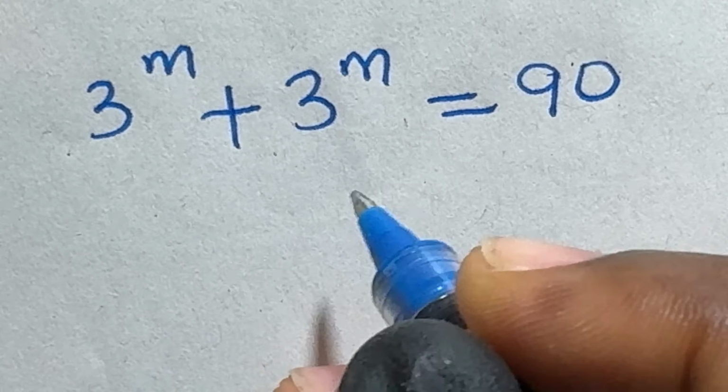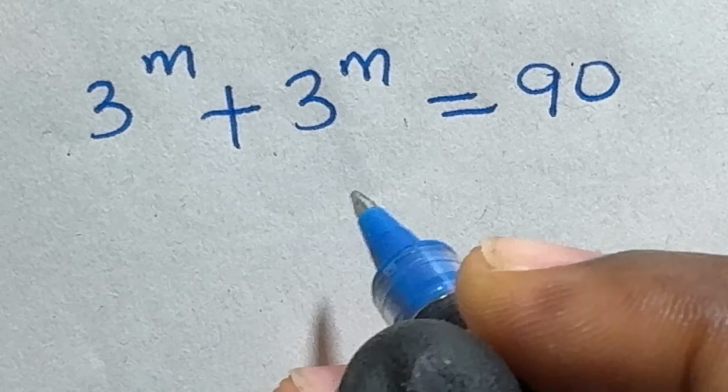Now if we put 2 plus log 5 base 3 here, we have 3 raised to power 2 plus log 5 base 3. This should give us 45.